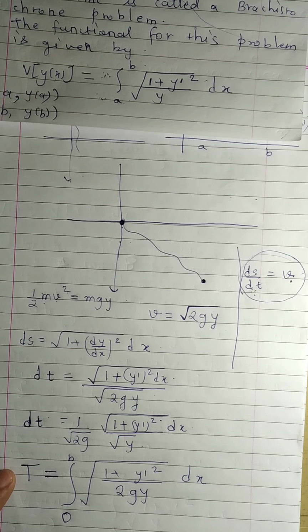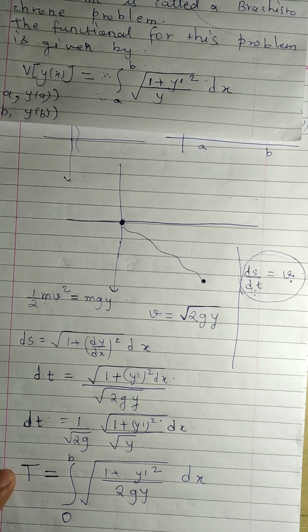If you consider one circle and mark one point on it, and keep rolling this circle along the line, whatever path is traced by this point is called a cycloid. Whatever answer we get for this functional will be nothing but a cycloid. Such a curve of quickest descent is called a Brachistochrone curve.